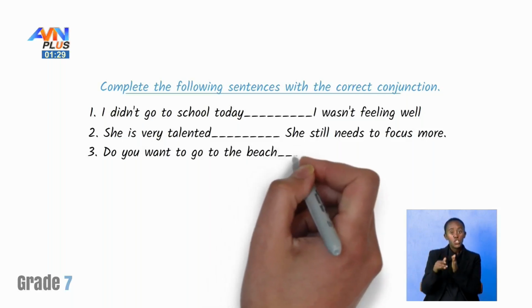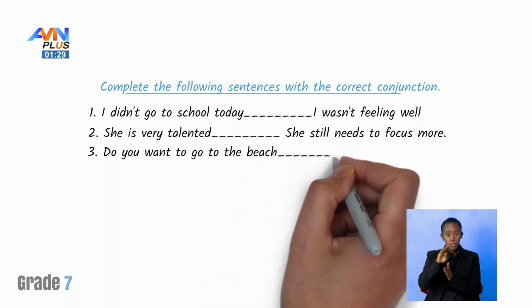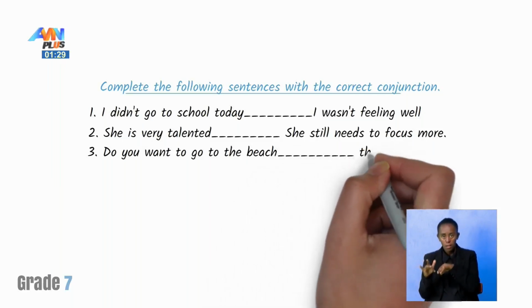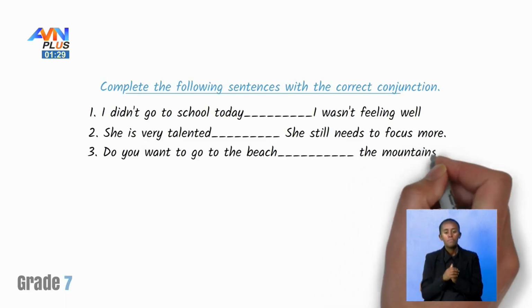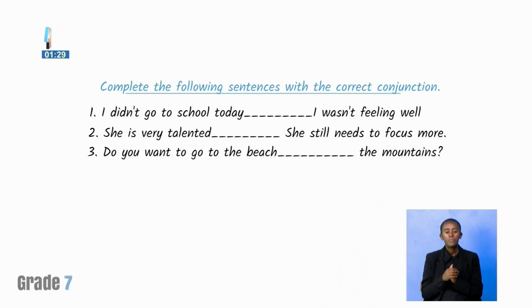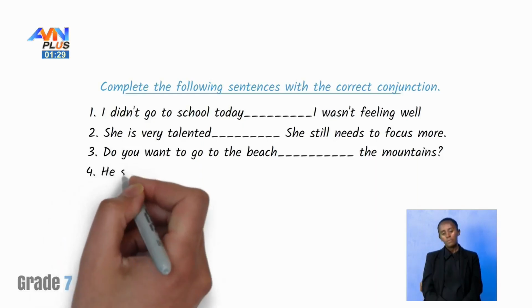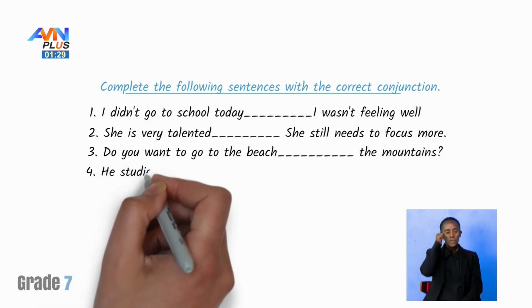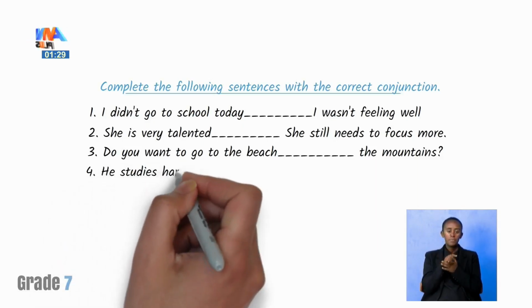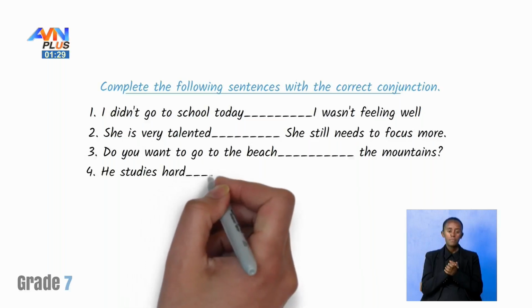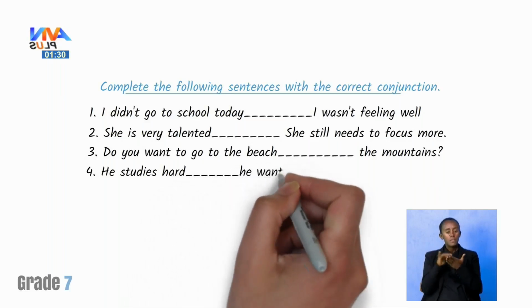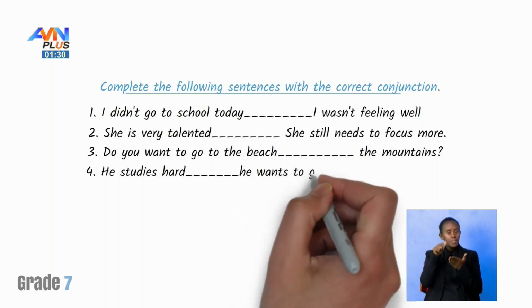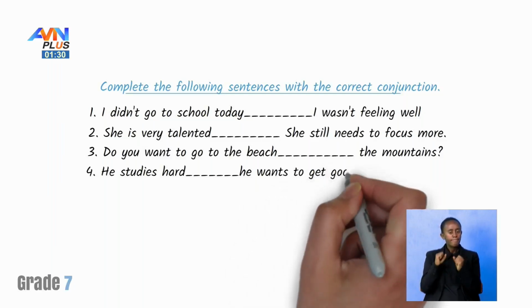Blank, the mountains. Number 4: He studies hard. Blank, he wants to get good grades.